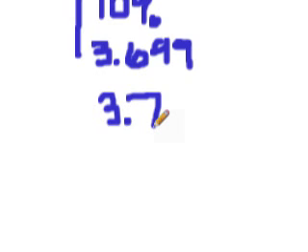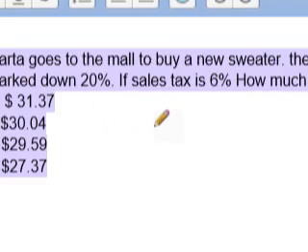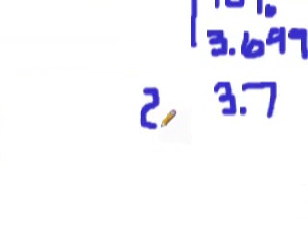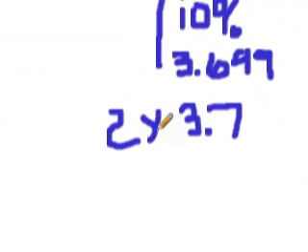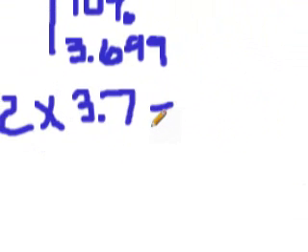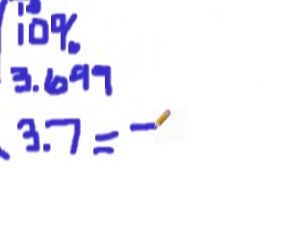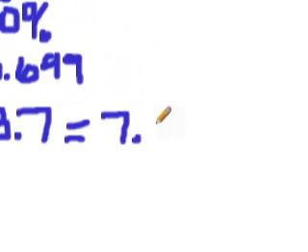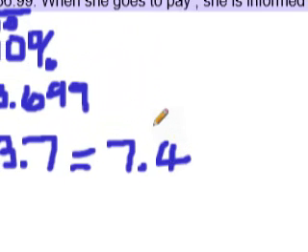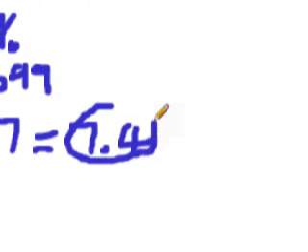So that's 10%, and the discount was 20%. 20% is just 2 times this value, which gives us 7.4. That's 20%, that's the discount.